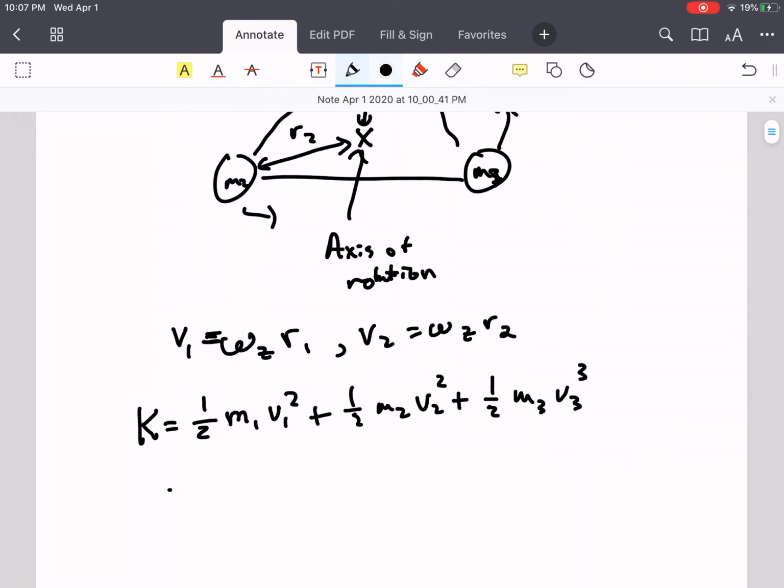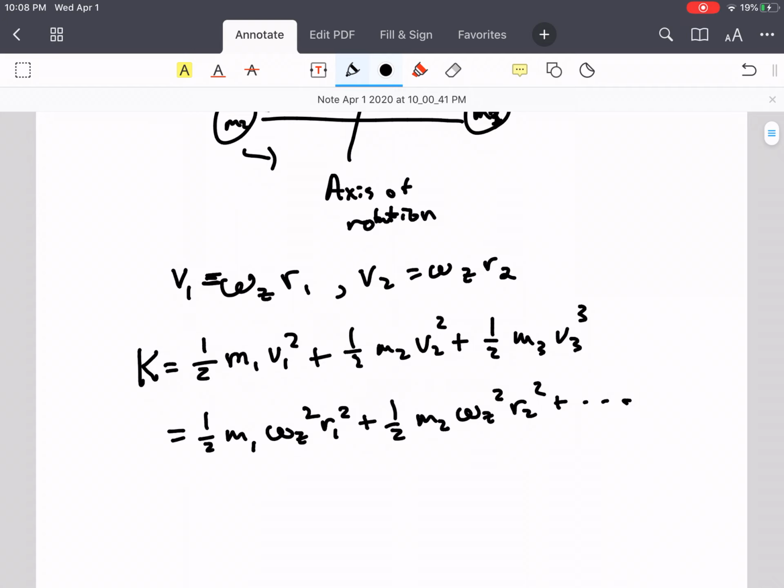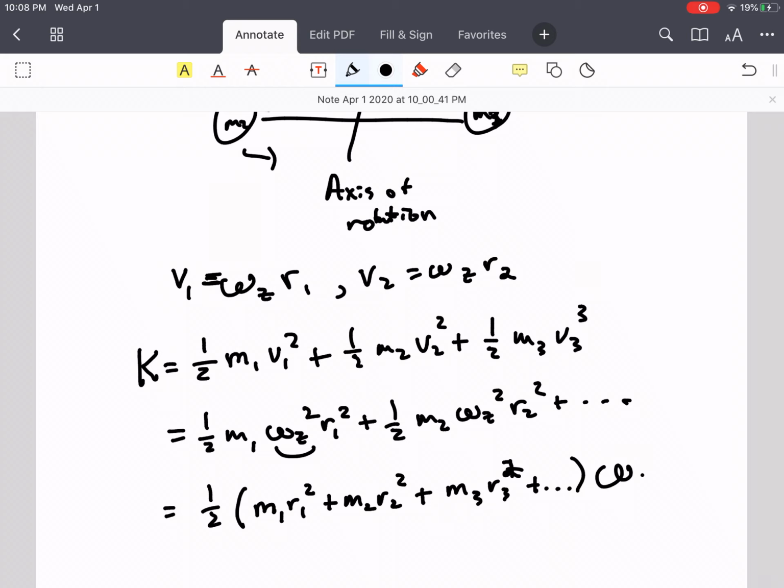Plugging in these formulas, I have 1/2 m1 omega z squared r1 squared plus 1/2 m2 omega z squared r2 squared, and so on for however many other objects there are. Now the nice thing is I'm going to factor out omega z squared. What I'm left with is 1/2 times the quantity m1 r1 squared plus m2 r2 squared plus m3 r3 squared, and so on if there are more masses, times omega z squared.